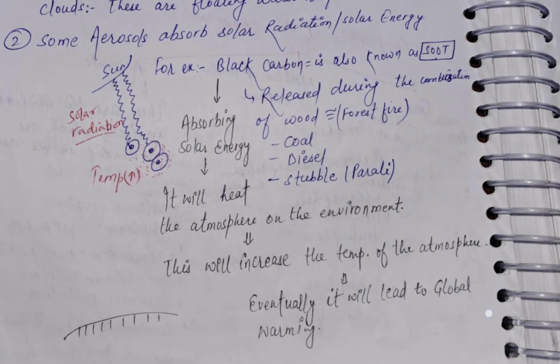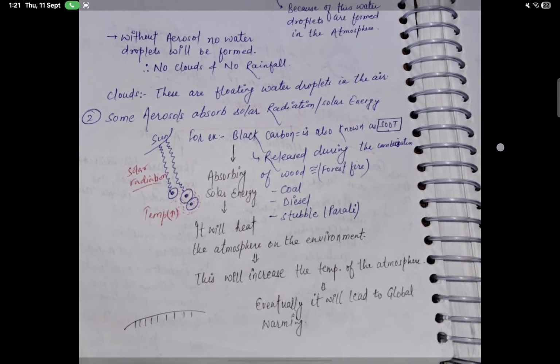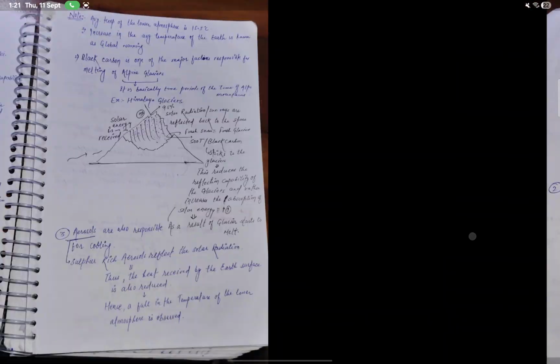The tendency of the black color is to absorb heat. If it traps more and more sunlight, it will lead to global warming.